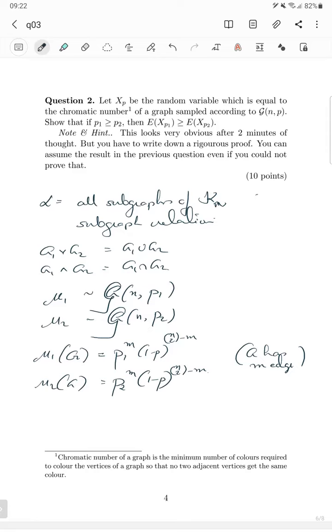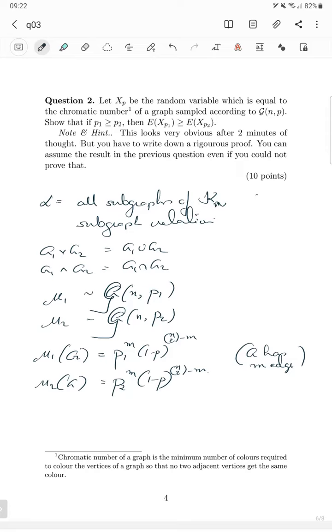Again, if your intuition is not clear, think about a P1 value which is less than half, like 1/10 maybe, which means sparse graphs will turn out to have much larger probability than dense graphs. Whereas if P1 was much larger than half, then denser graphs with more edges will have larger probability than sparser graphs.